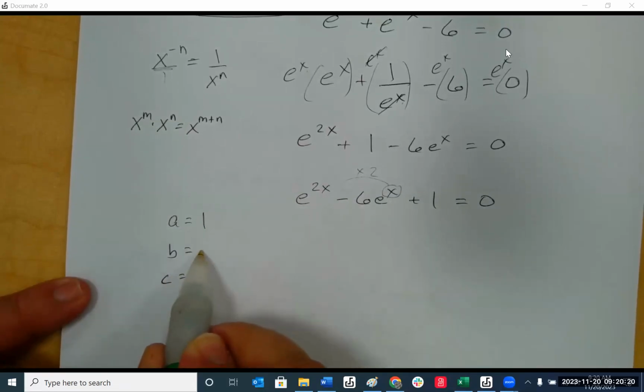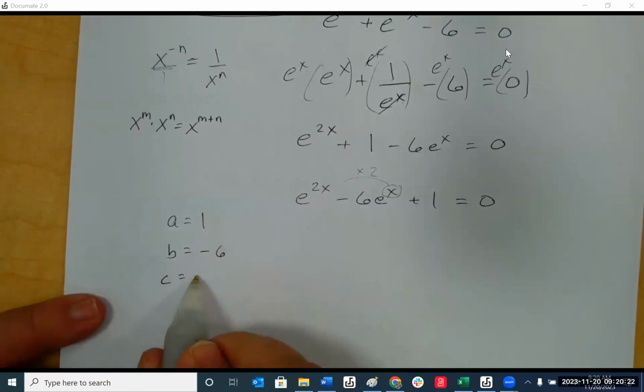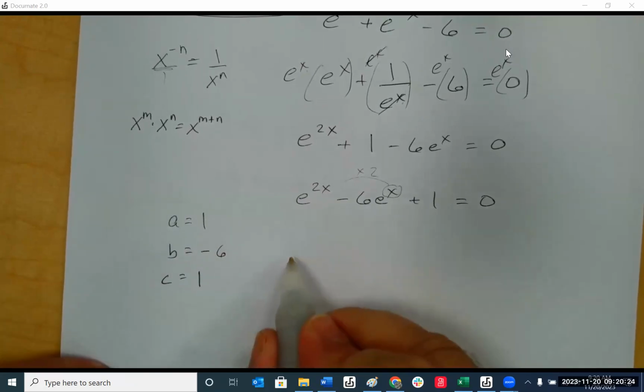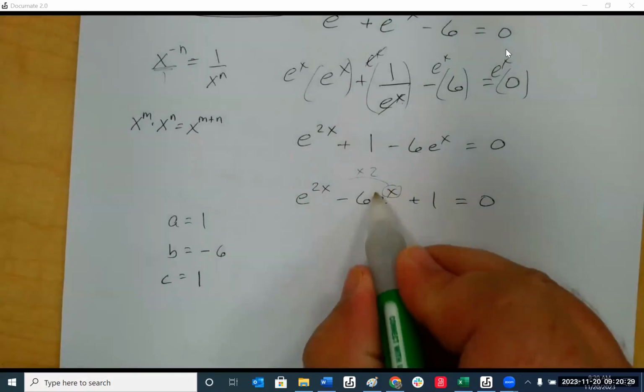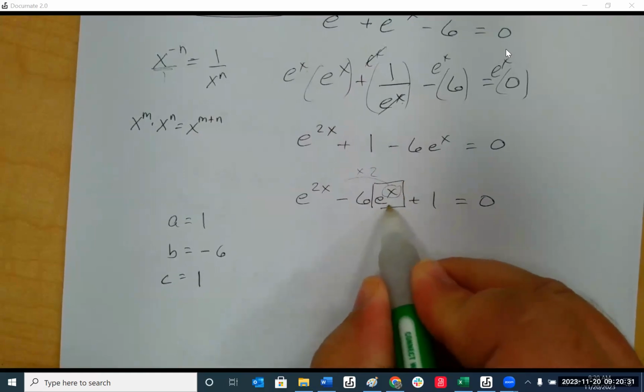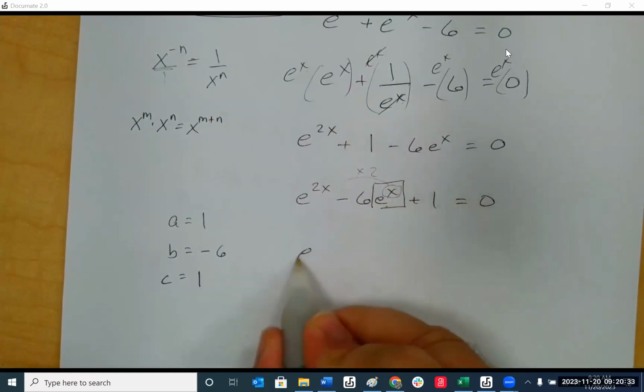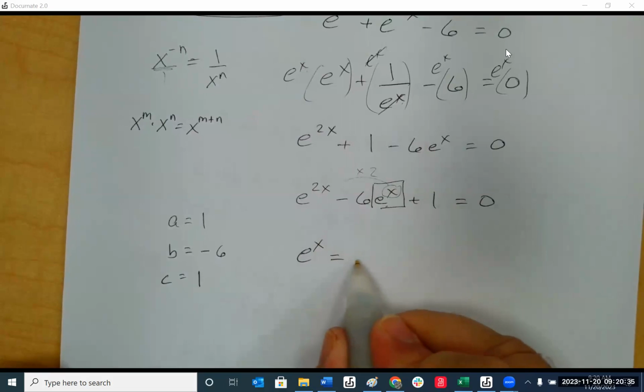B, -6, and C is also 1. So we'll use the quadratic formula. And the quadratic formula is whatever's in the middle term. So we're solving for e to the power x.